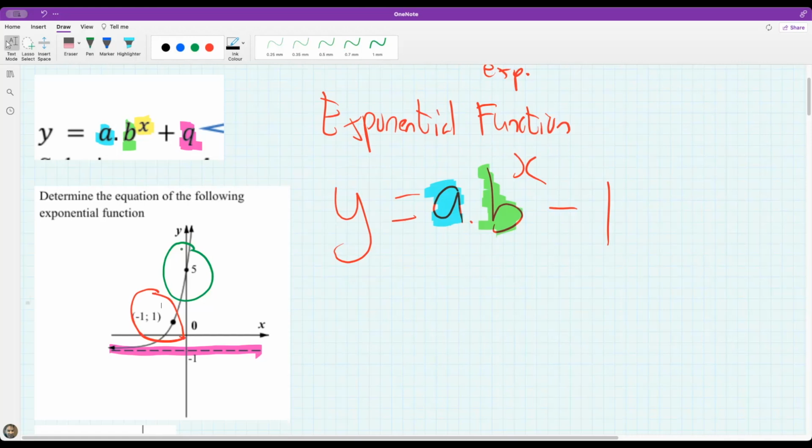Would you use the green point or the red point? If you're wondering what the full coordinate of the green one is, it would be (0, 5). So if you know how to figure out a and b, go ahead and do it. If you know which one you would do first, let us know in the chat.